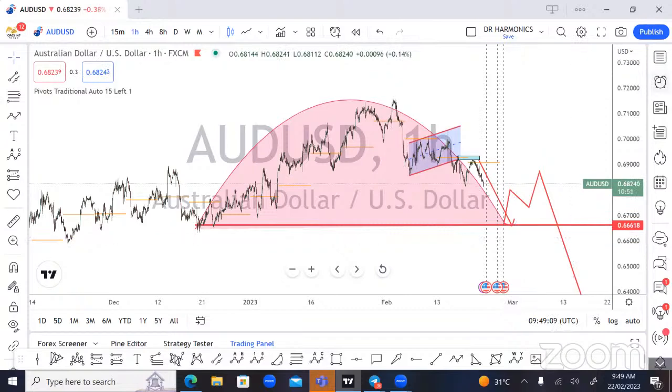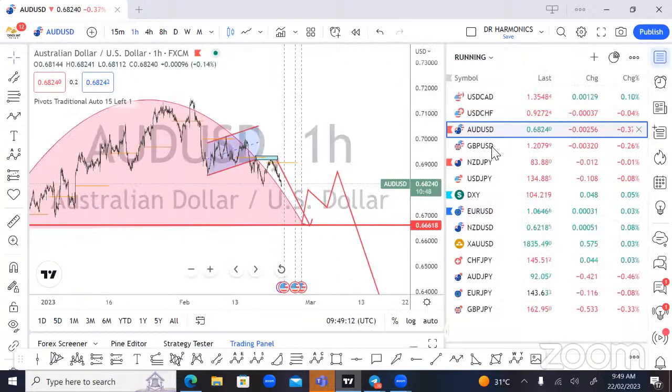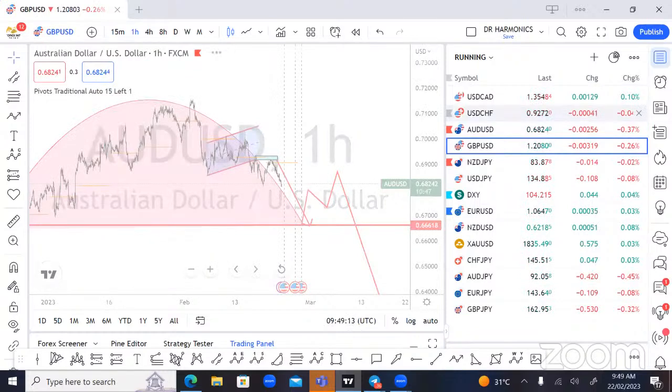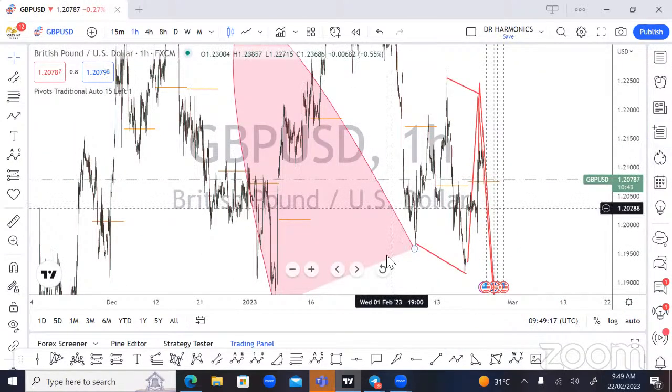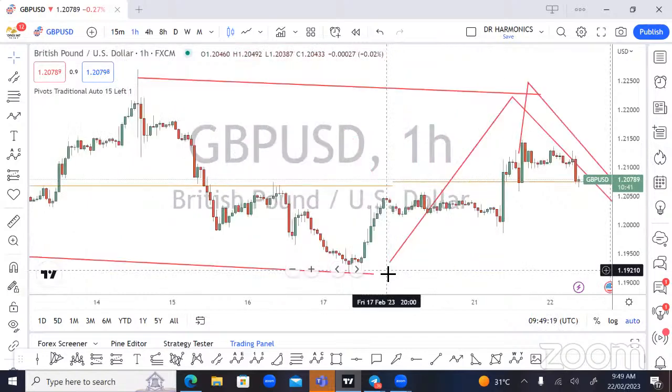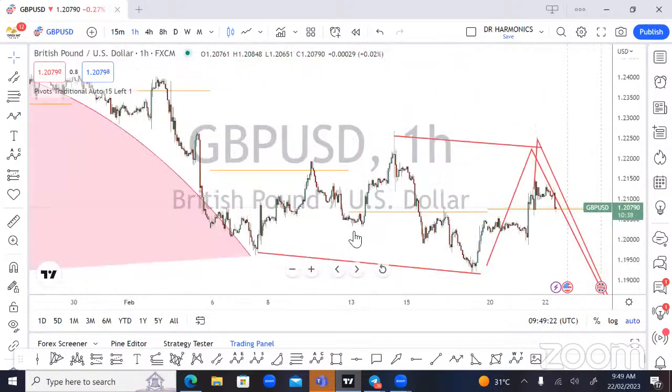Now, GBP USD, as we anticipated, is still coming down. I was hoping that it would hit this one, but it formed a running flat correction. I was expecting it to get here, form a running flat and drop.